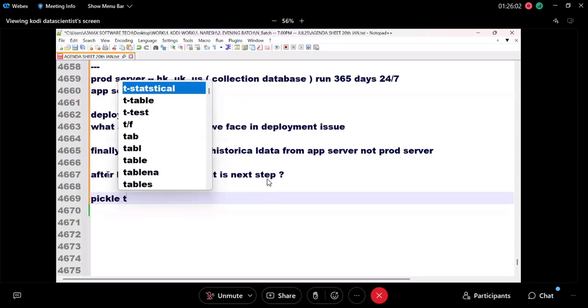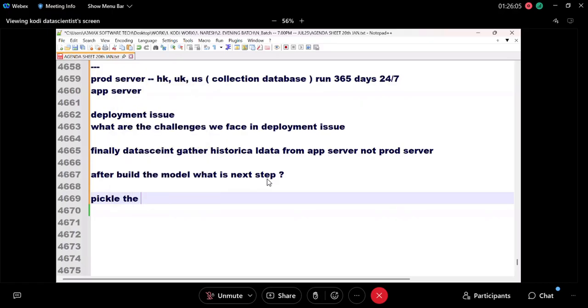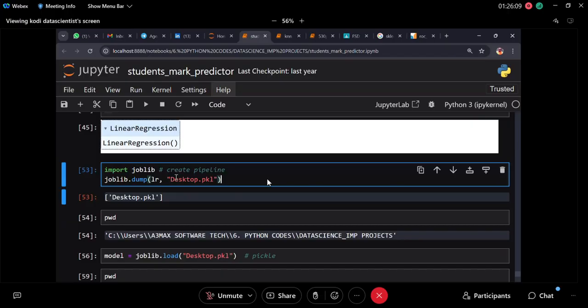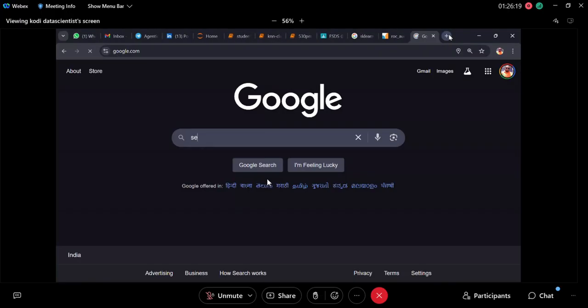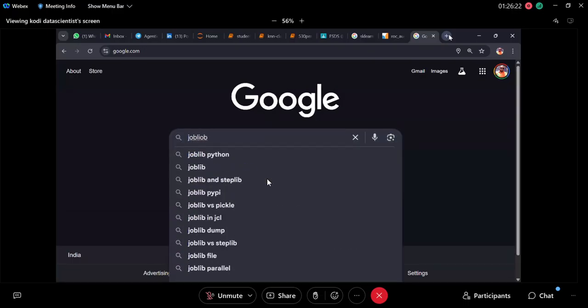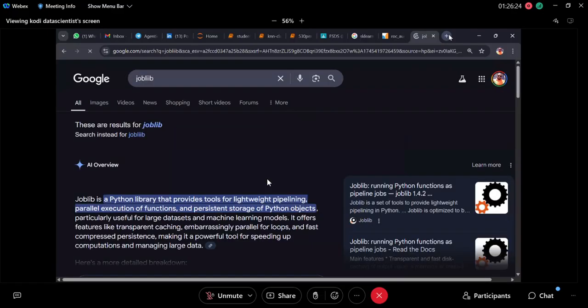Did we talk about pickling the model or not? We have already done many projects before. Before pickle, we use a library called joblib. What is joblib? It creates a pipeline between front end and back end. So we use joblib for serialization. Joblib has a few inbuilt functions: joblib.dump, joblib.load.